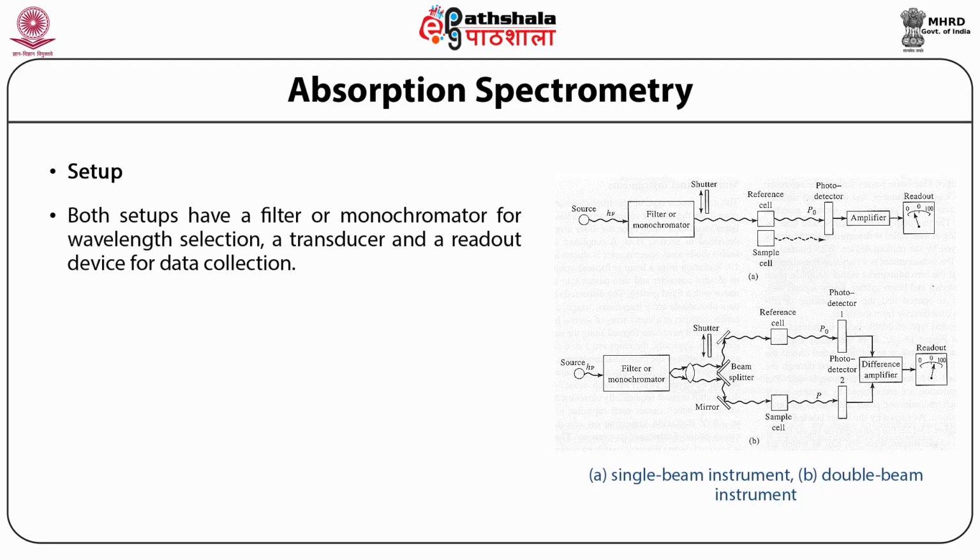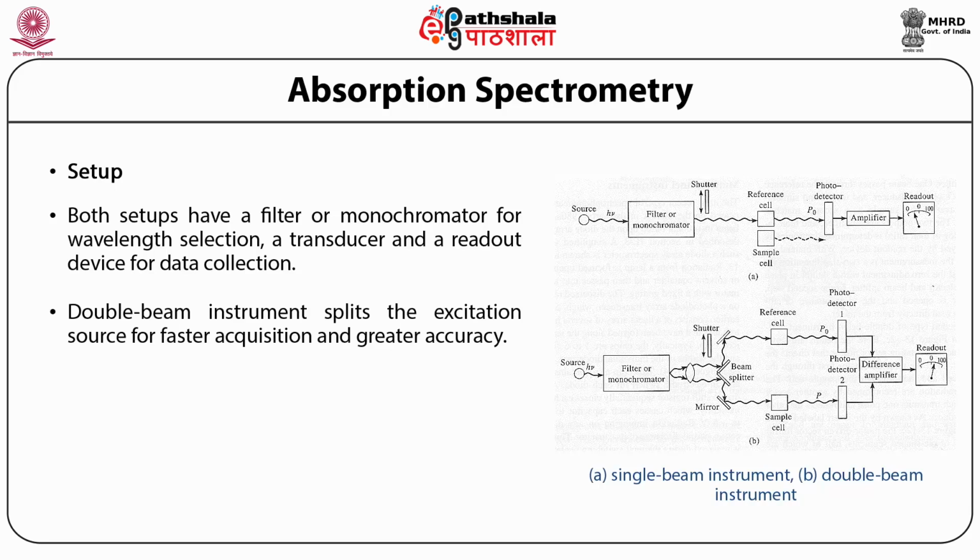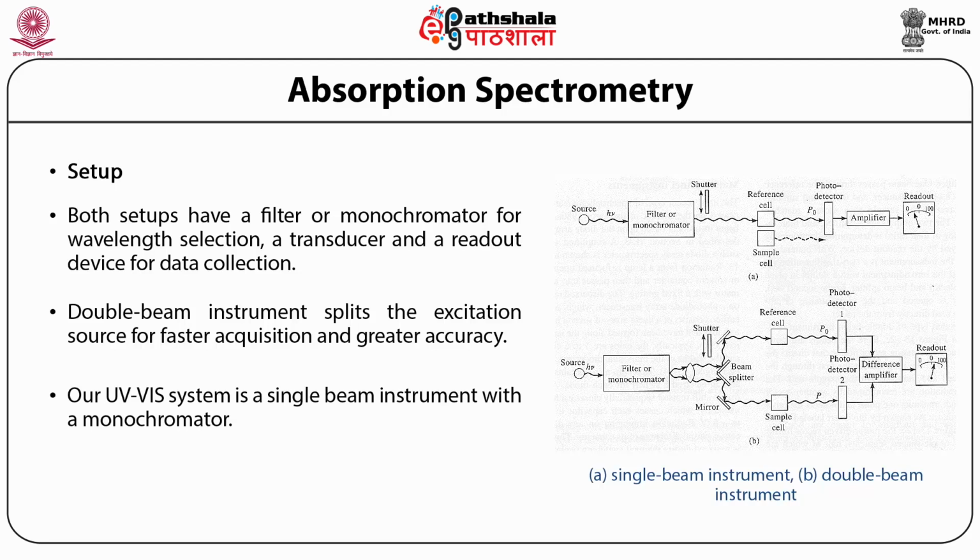Both setups have a filter or a monochromator for wavelength selection, a transducer and a readout device for data collection. A double beam instrument splits the excitation source for faster acquisition and greater accuracy. Our UV visible system is a single beam instrument with a monochromator.